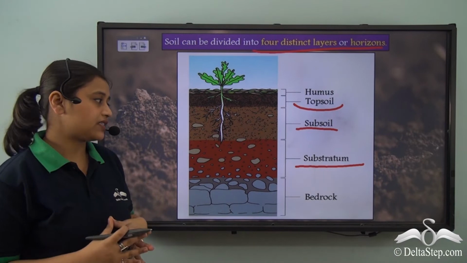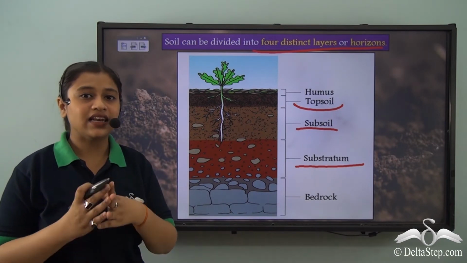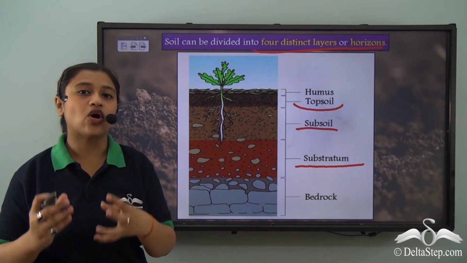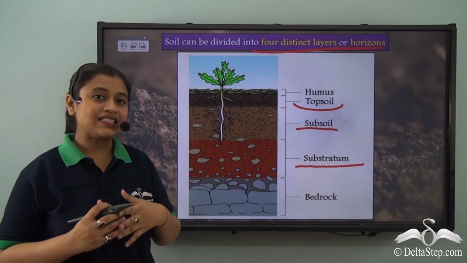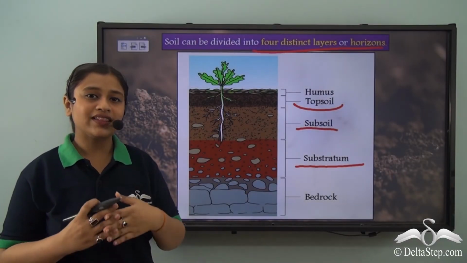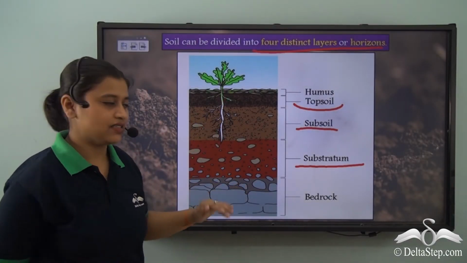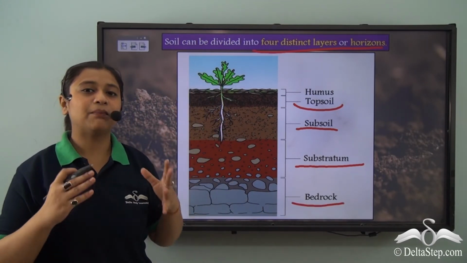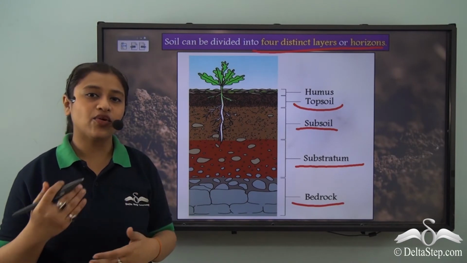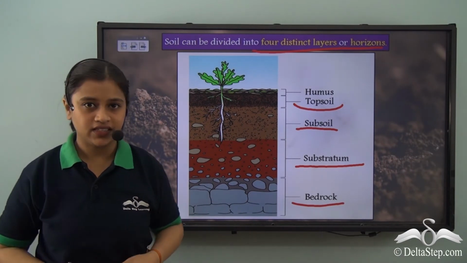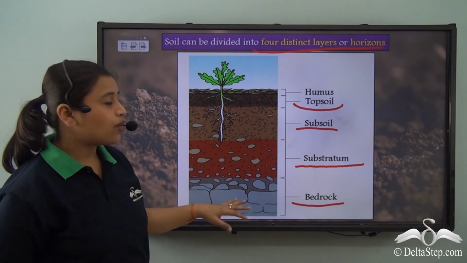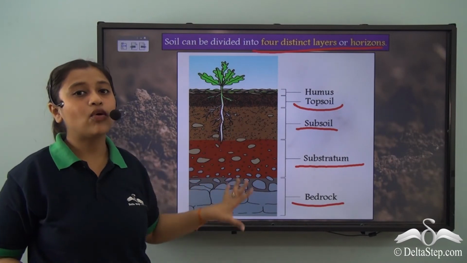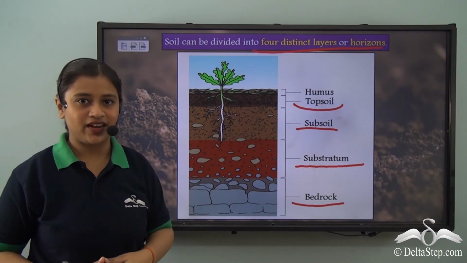The substratum is also known as the layer containing the weathered rock materials. The last layer, or the fourth layer below the 3 horizons, is the bedrock. This bedrock usually contains the parent rock which has been eroded and weathered over the years. So these were the 4 horizons, or the 4 distinct layers of the soil.